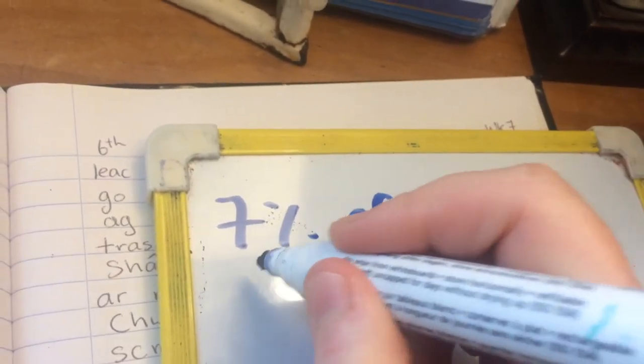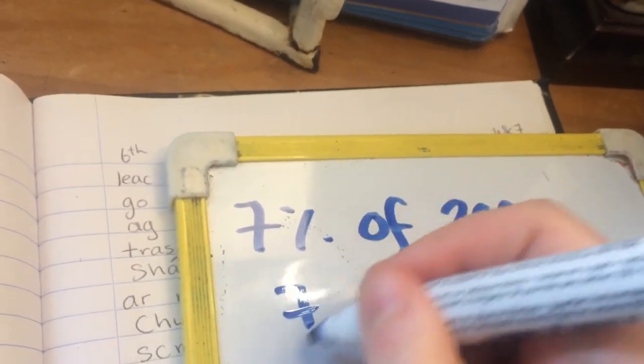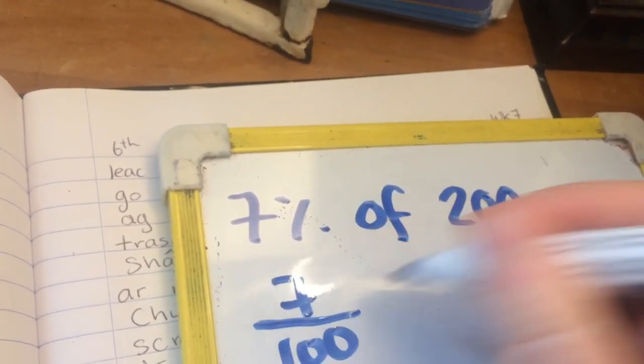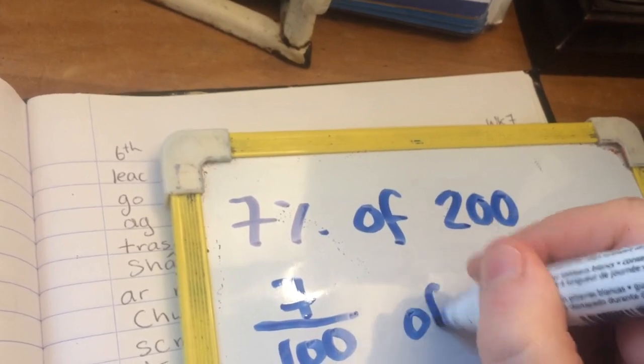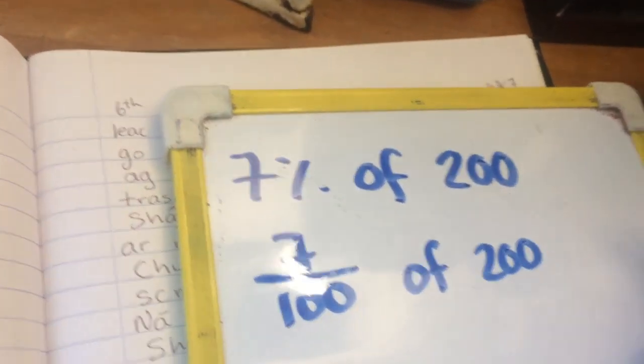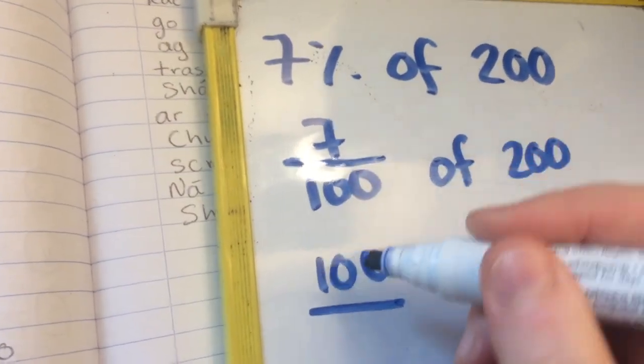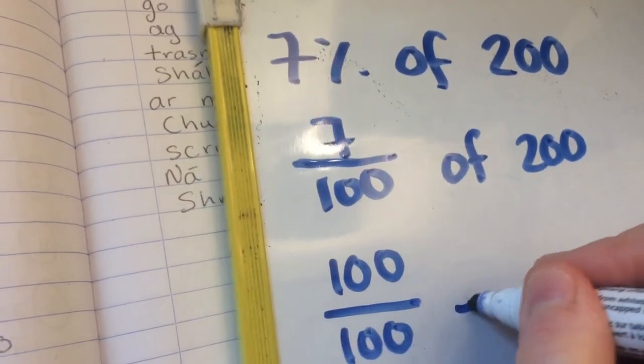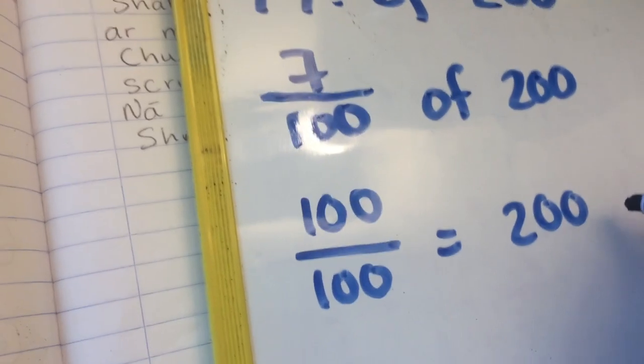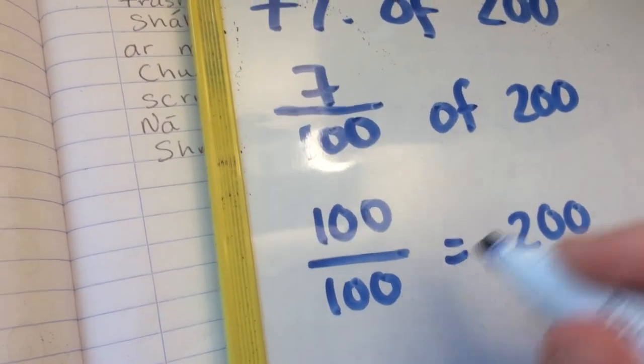So what do we do? We make this into a fraction. So it's 7 out of 100, isn't it? Okay, of 200. So we're using the same method. 100 hundredths, we can't really break that down. So 100 hundredths is equal to 200. Okay, because we're working in hundredths.